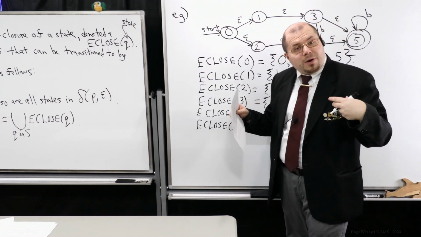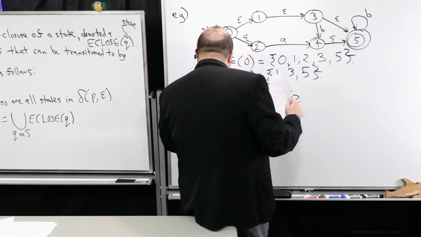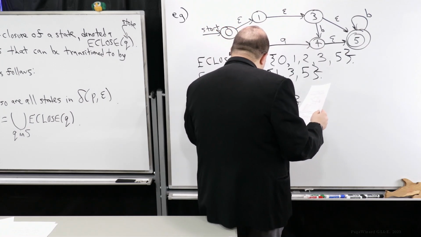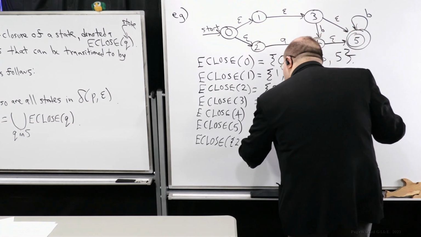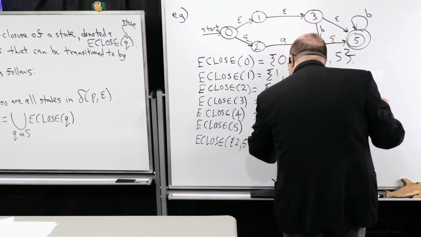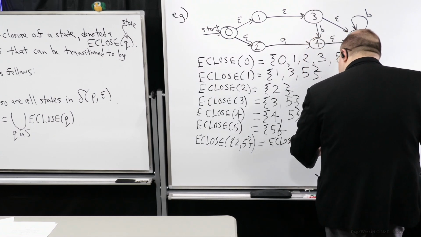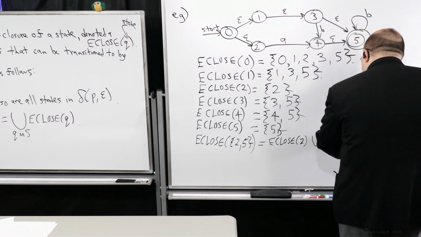Let's do an example where I give you a set of states. Suppose I define the epsilon closure on a set of states. Suppose I give you states 2 and 5. Well, this is actually equal to the epsilon closure of 2 union the epsilon closure of 5, right?